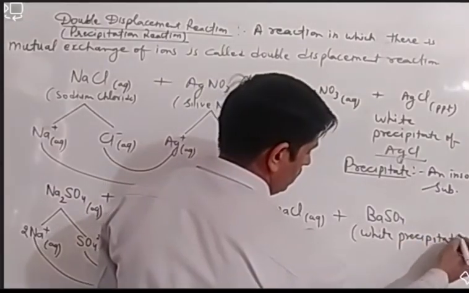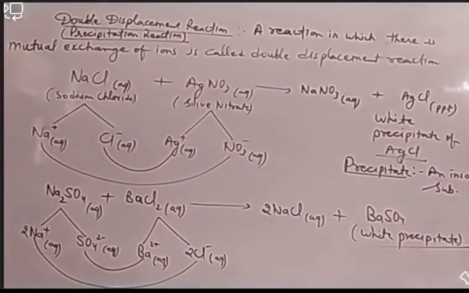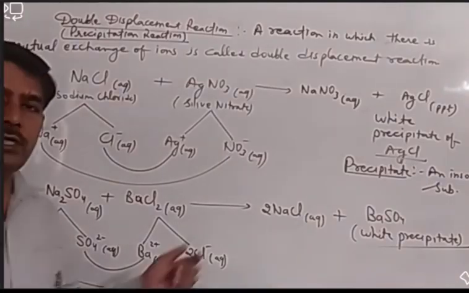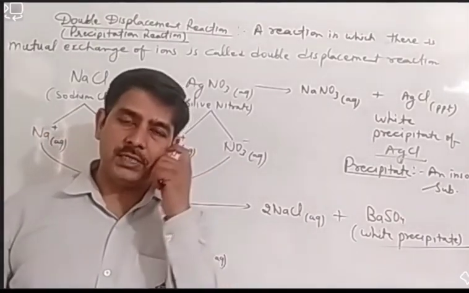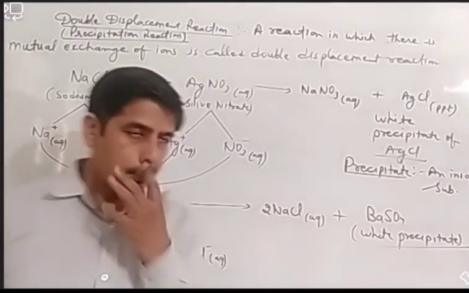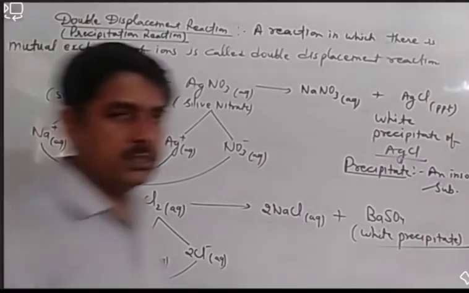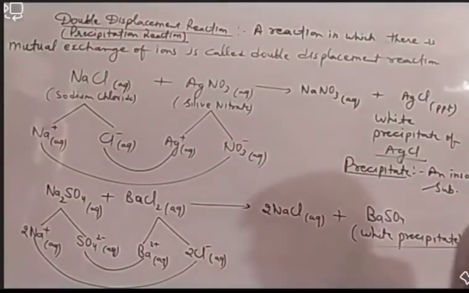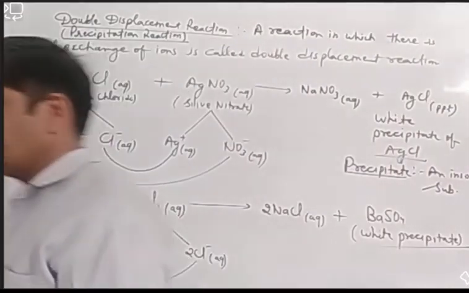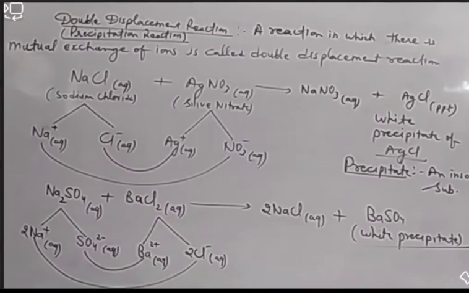So there is formation of a white precipitate in this reaction. That's why this reaction is also an example of a precipitation reaction, and we can also call it a double displacement reaction because a mutual exchange of ions is happening. I think this is clear to you all. Is it clear, beta? Yes or no? So this is about the double displacement reaction.